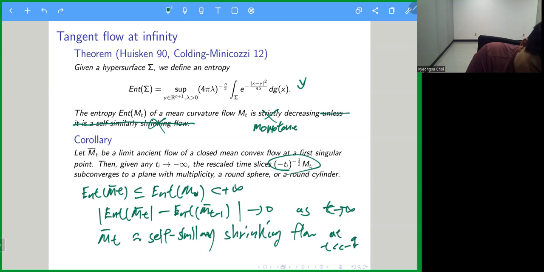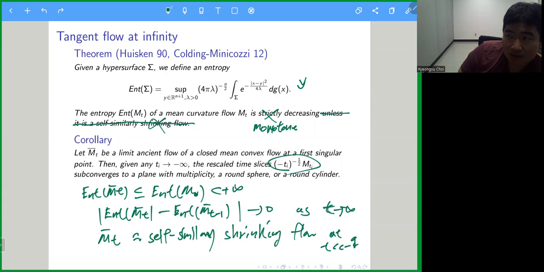And then the only convex self-shrinking solutions are a plane, a round sphere or a round cylinder, by the result of Huisken. So the subsequential limit must be a plane, sphere, or cylinder. But in case it is a sphere or cylinder, because of the mean convexity, it must be multiplicity 1.